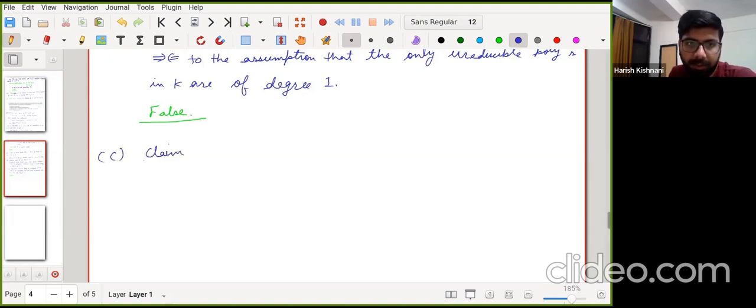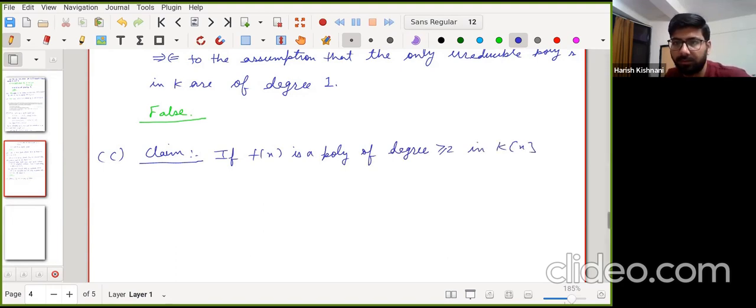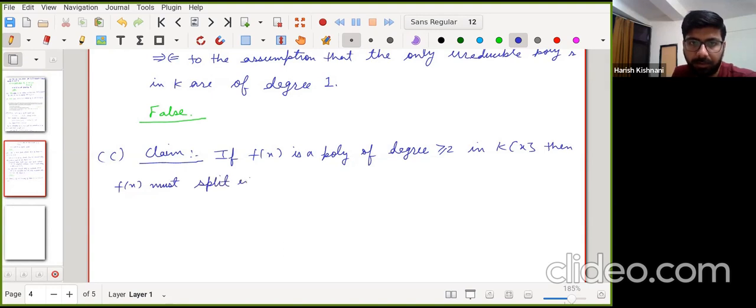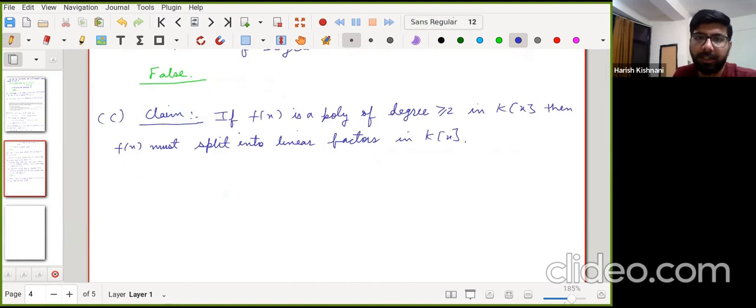Then what one has to check is: if f(x) is a polynomial of degree greater than or equal to 2 in K[x], then f(x) must split into linear factors in K[x]. And what is the proof for that?